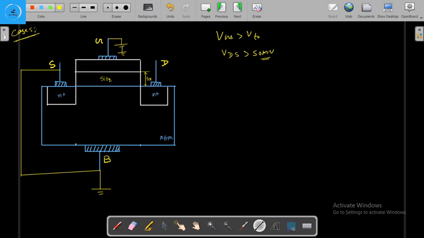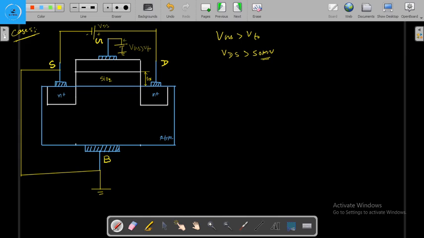Now we apply the drain to source voltage. So let me write the names: this is the VGS, its VT naught, and this is the VDS.